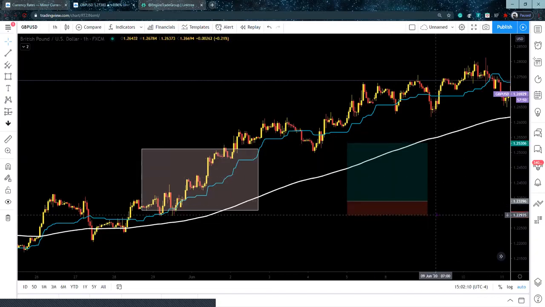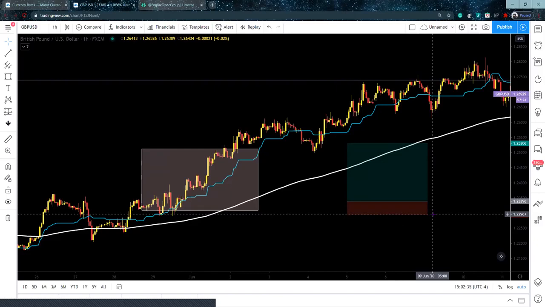Now, what is a stop loss? A stop loss is essentially a price in the market where you're telling your broker to basically say, hey, if the market comes down and it hits this number, I want you to close me out of my trade no matter what. Now, if you're in a buy and it comes down here, you're going to close in a loss. You guys know what a loss is.